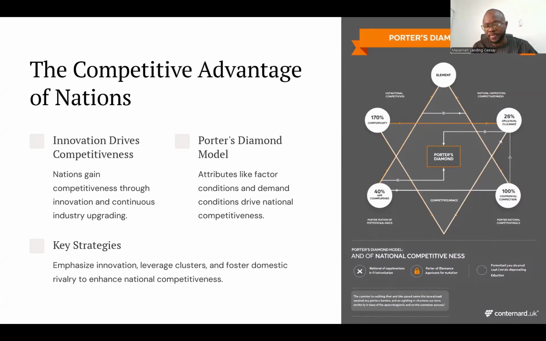The first is the strategy, structure, and rivalry of firms. A firm's strategy and structure, as well as its rivalry, help it in terms of positioning itself. So what does that mean?